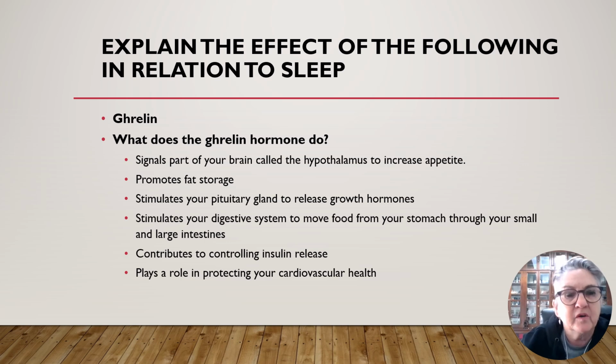It signals the part of your brain called the hypothalamus and increases appetite, promotes fat storage, and stimulates your pituitary gland to release growth hormones. It stimulates your digestive system to move food from your stomach through your small and large intestines, and it contributes to controlling insulin release. Also plays a role in protecting your cardiovascular health.